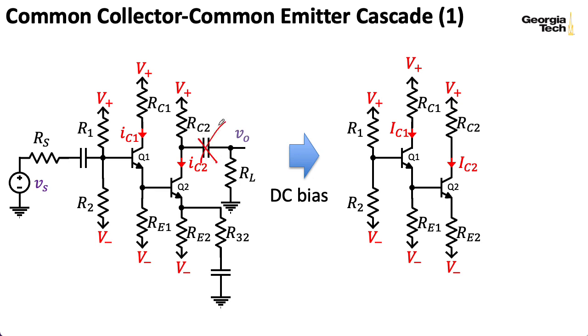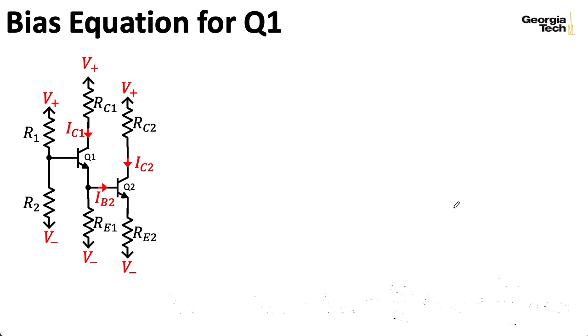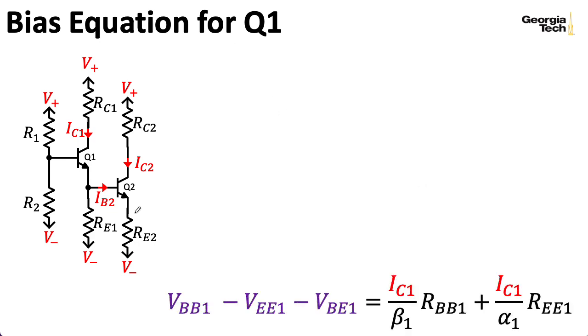So, when looking at the DC bias circuit, we open up all of the caps, and we're left with this stuff over here. So, in computing the bias, we need to consider both of the transistors here and the currents associated with both of the transistors. So, let's first talk about the bias equation for Q1.